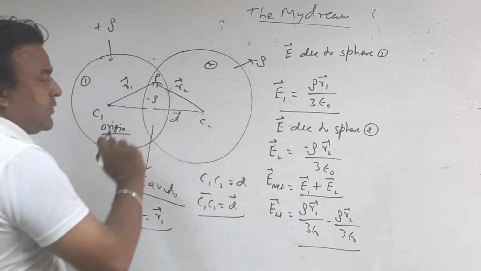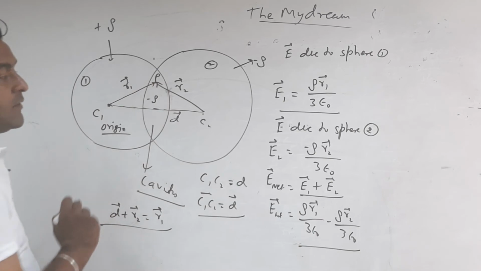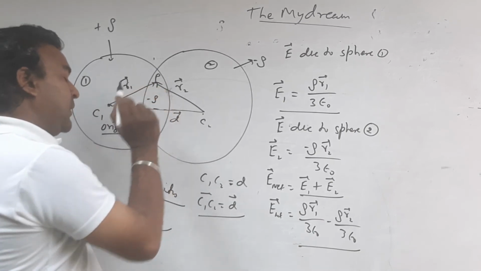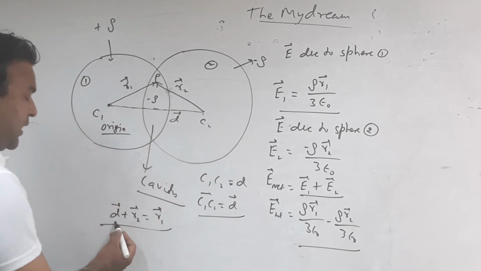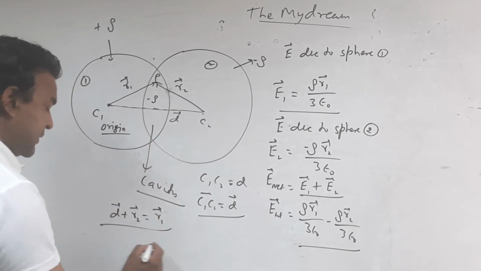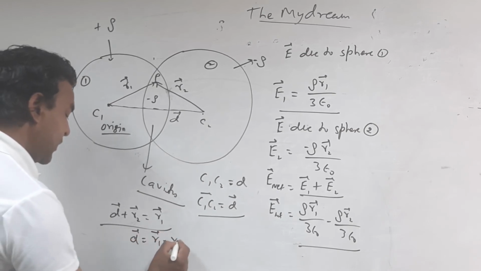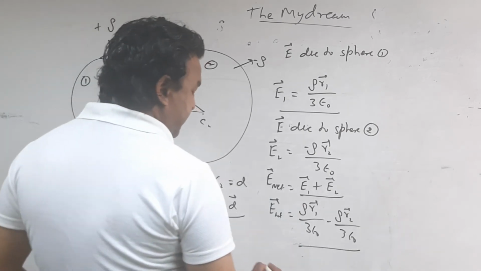They have intersection and definitely they will have a cavity. In that cavity there is a point P. We are interested to find the electric field intensity at that point P. Now look at this triangle, D plus R2 equals R1, then D is equal to R1 minus R2. Now look here carefully.